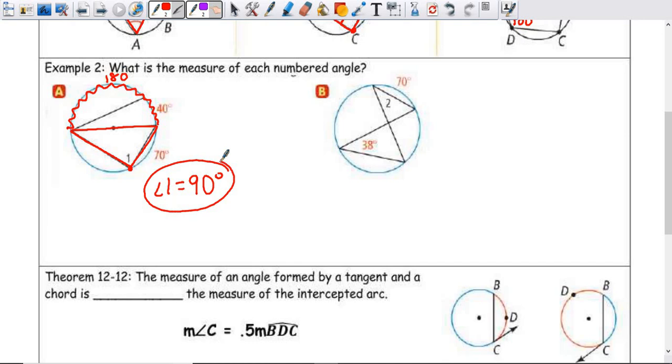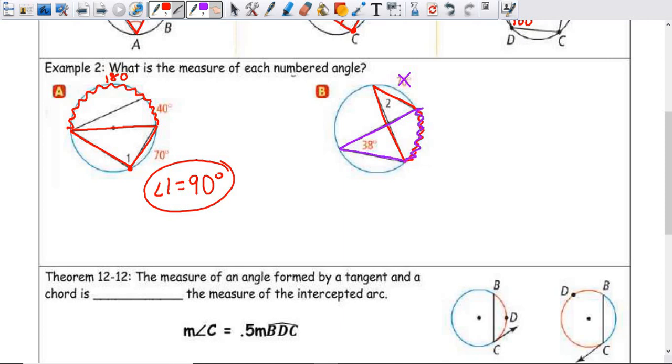All right, now example B over here. I'm trying to find angle 2, which uses those chords. So it uses that arc. So this 70 right here is not really very helpful because it's not the arc that I need. This 38 uses this chord, which happens to be this arc.